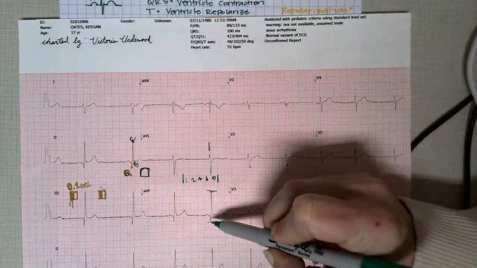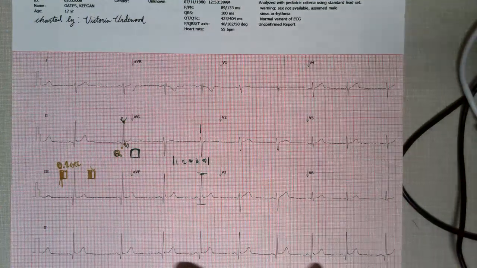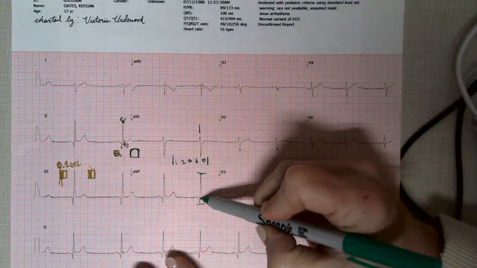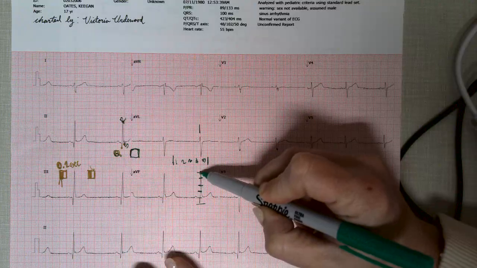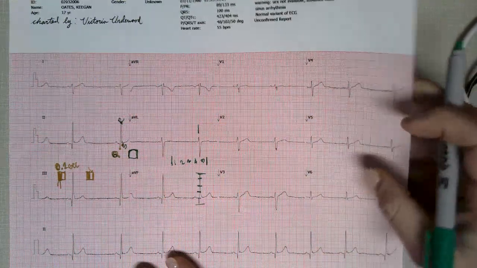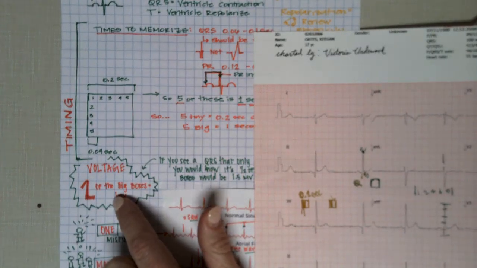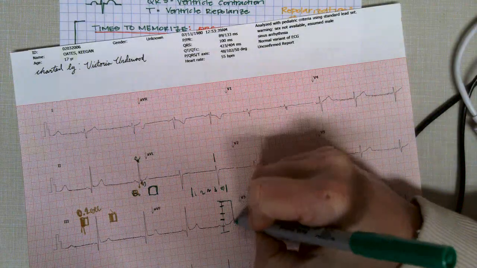This is just going to be a rough estimate. This is not going to be real, I'm not a cardiologist going in deep here. So 1, 2, 3, 4, about 5 big boxes. Every 2 boxes is 1 millivolt. So this is about 2.5 millivolts right here of electricity.